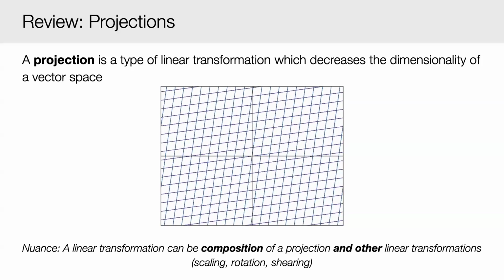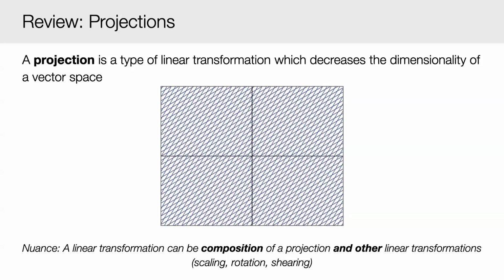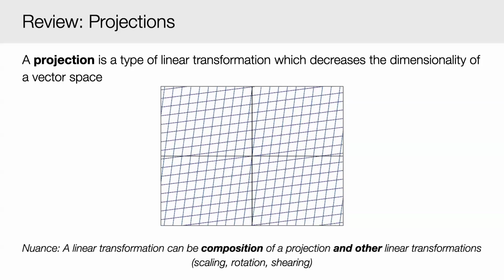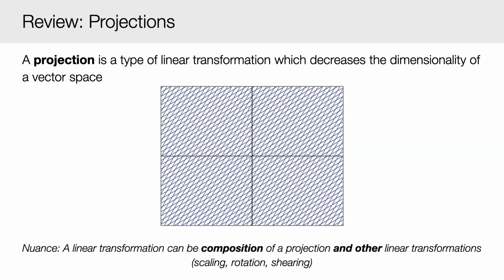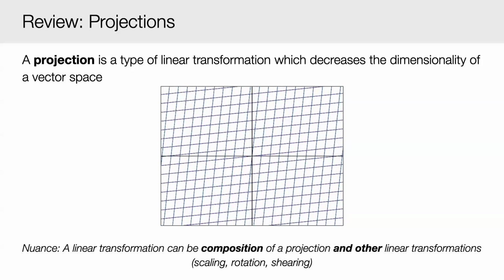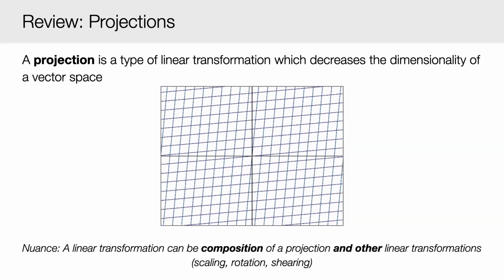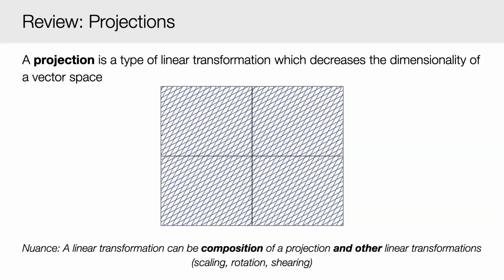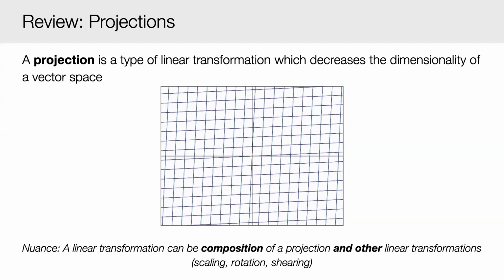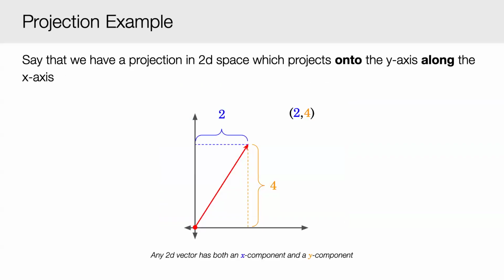So you can have a linear transformation which reduces the dimensionality of the vector space. That linear transformation may involve a projection, but it may also include other kinds of linear transformations. And yeah, so here is an example for the projection.